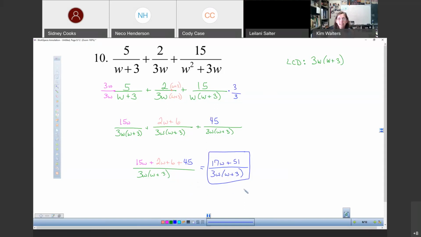How many times does 51 divide by 17? What's 51 divided by 17? It is. 17 will actually factor out of this. And it factors with the W plus 3. Sometimes I amaze myself in the things we do.